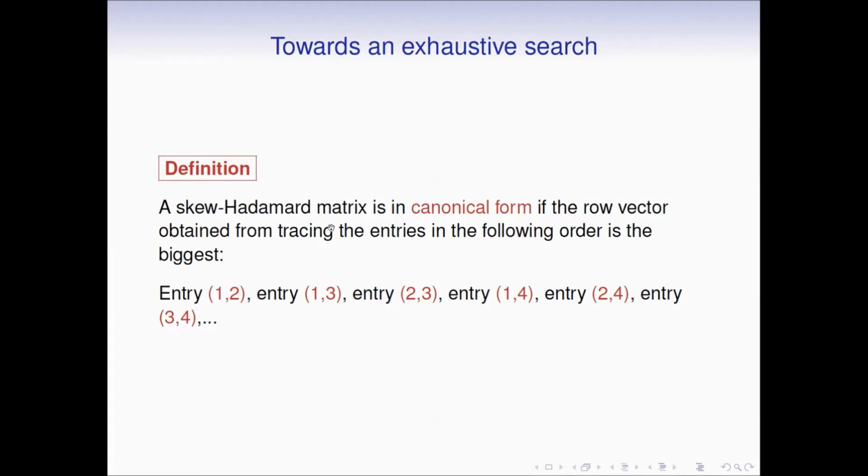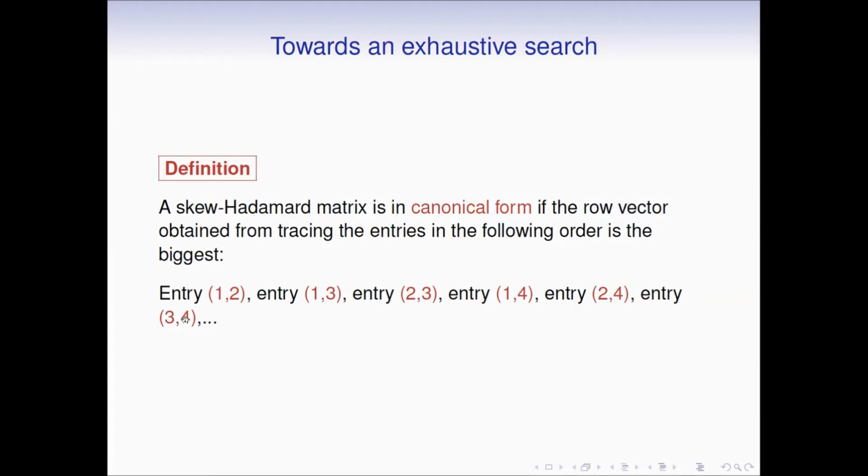So a Skew-Hadamard matrix is called in canonical form if the row vector obtained from tracing the entries in the following order is the biggest one among all the equivalent matrices.